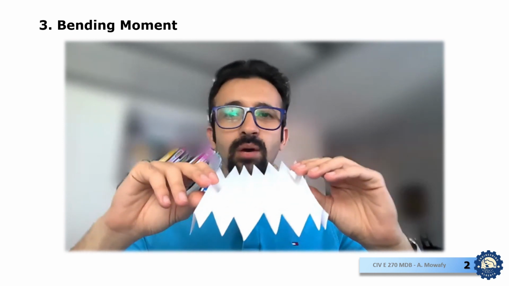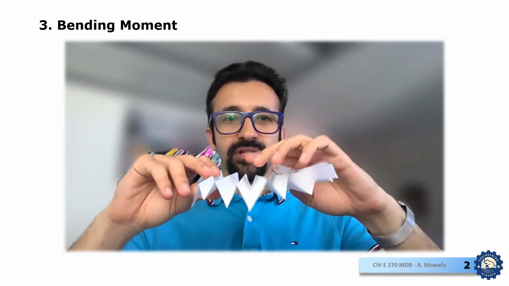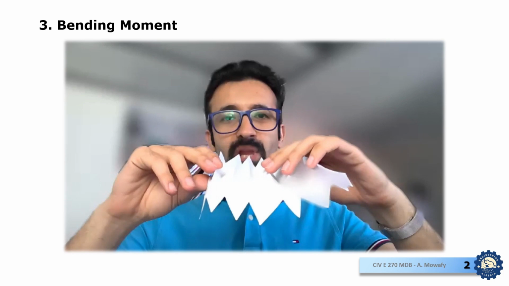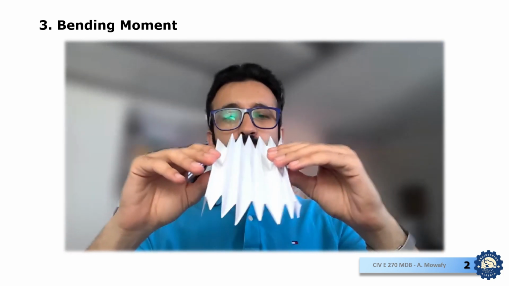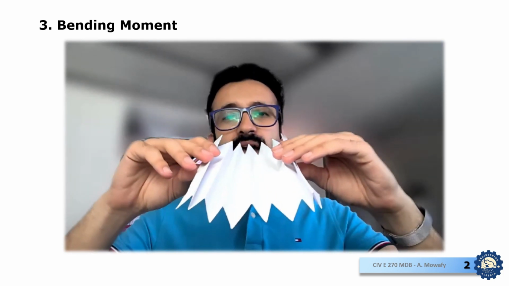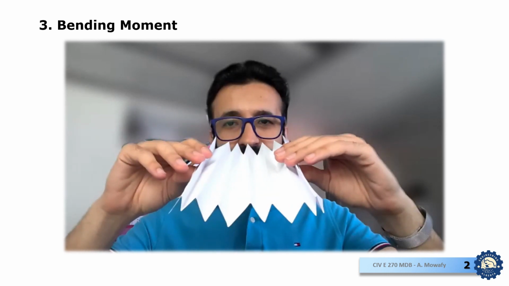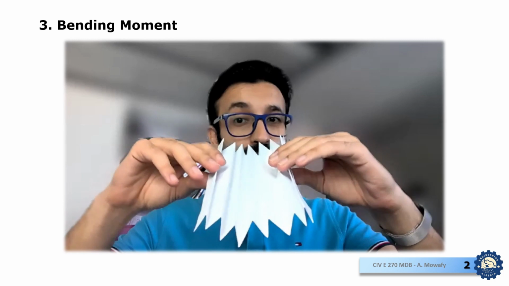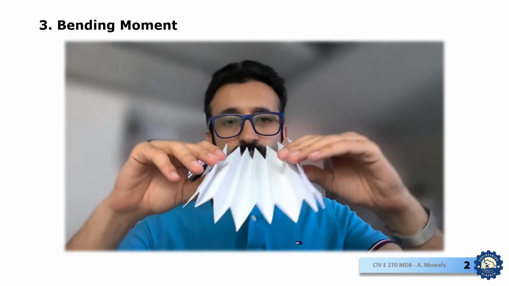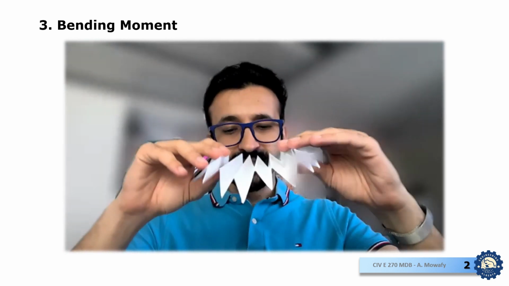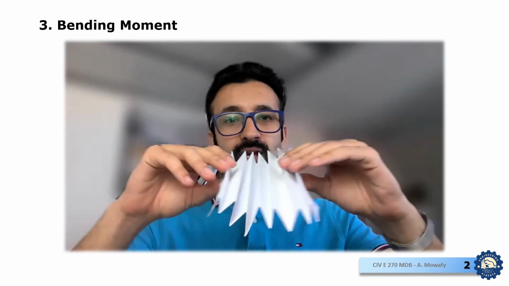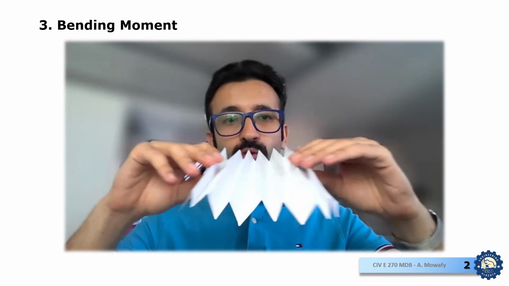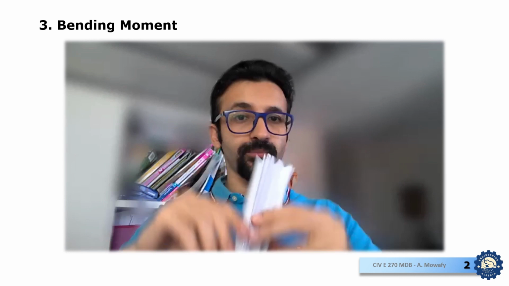However, if a downward force is applied perpendicular to the top section of the fan, we could see that we will have a bending. The top part of the fan, or the top fibers, come together, which means that we have compression at the top, while the bottom of the beam moves away, expanding to cause tension.